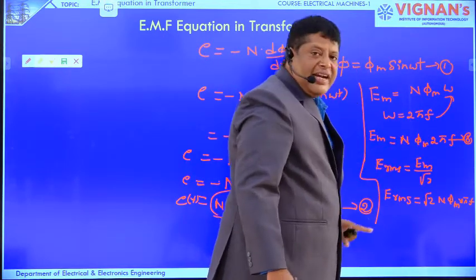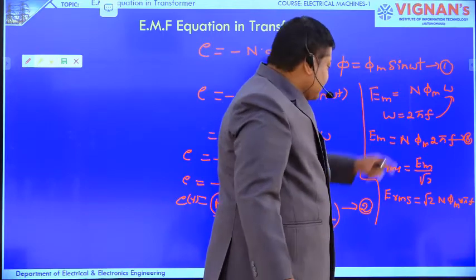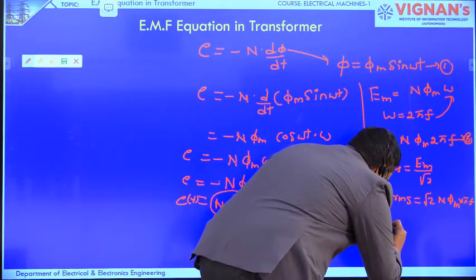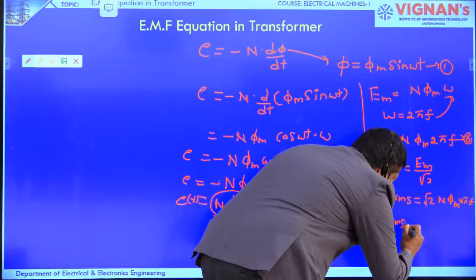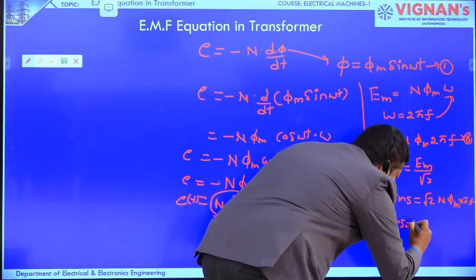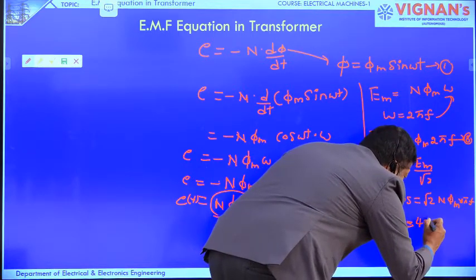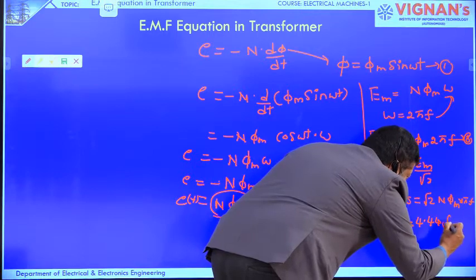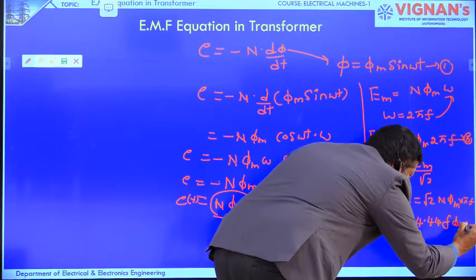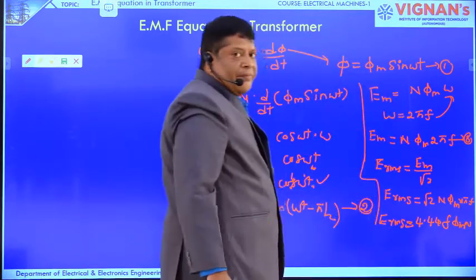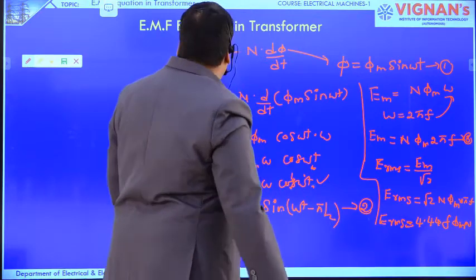Root 2 gets cancelled. If we simplify, E RMS equals 4.44 F φm N.